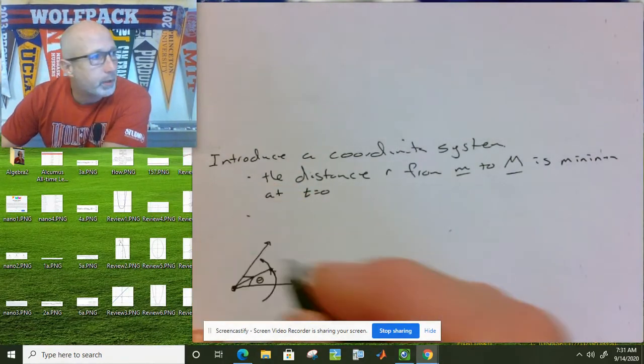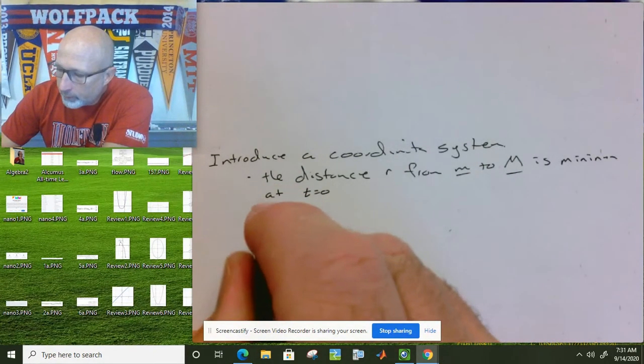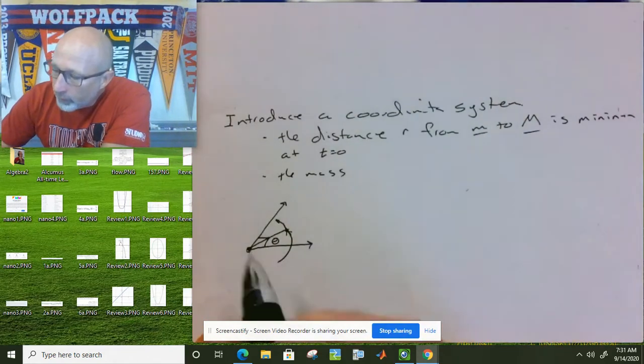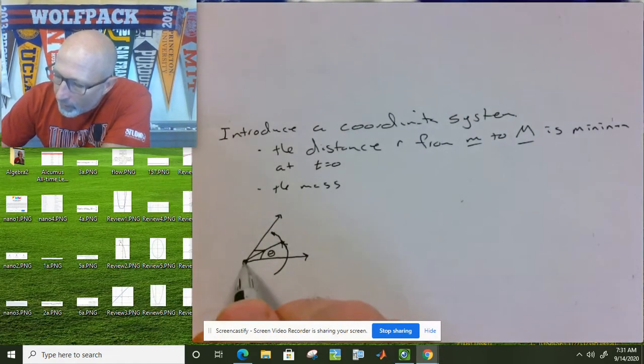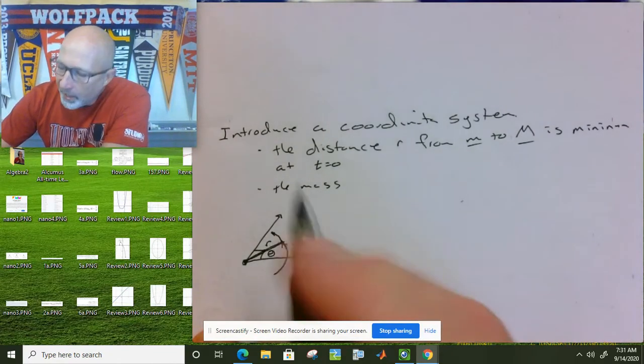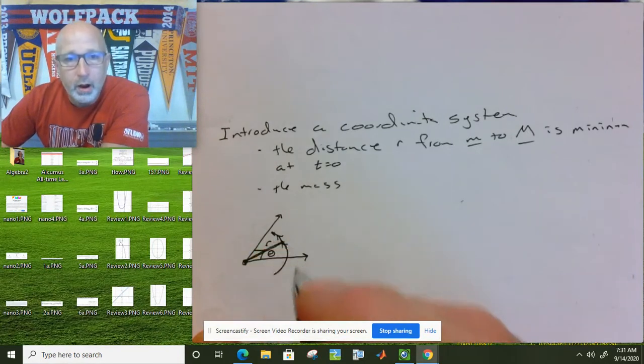The second part is the mass. Oh, and I'm sorry, the distance r is the distance from there to there. So that's like a vector. As it gets swept out in that direction, that r is going to change.